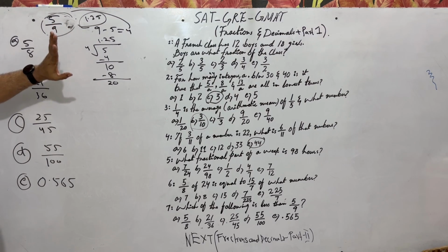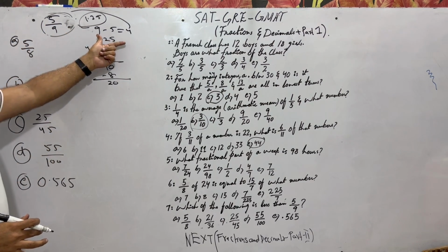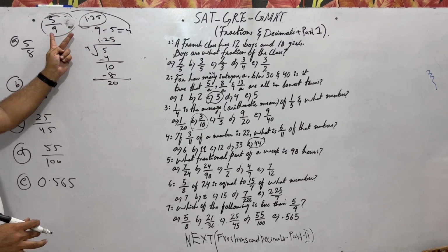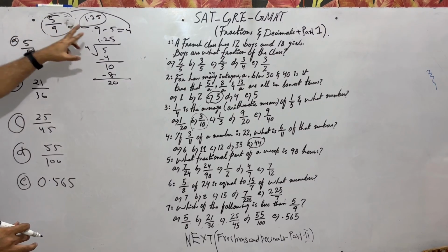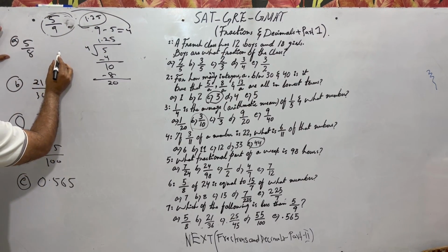I am not writing equal, so as not to mingle the concepts. My hack, the difference of numerator and denominator divided into the numerator, gives 1.25.